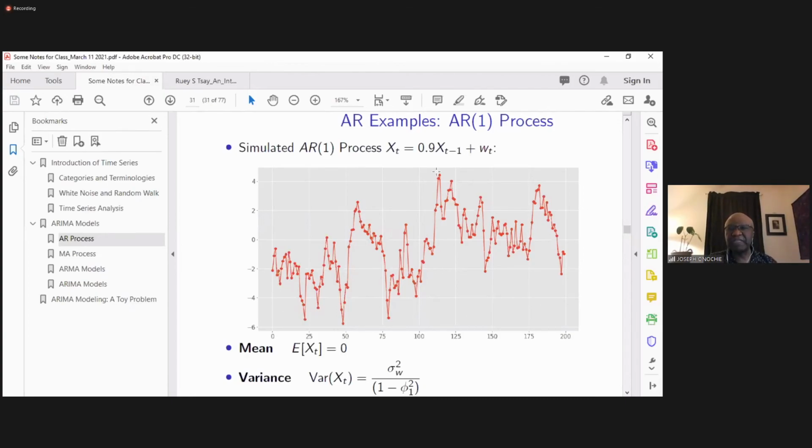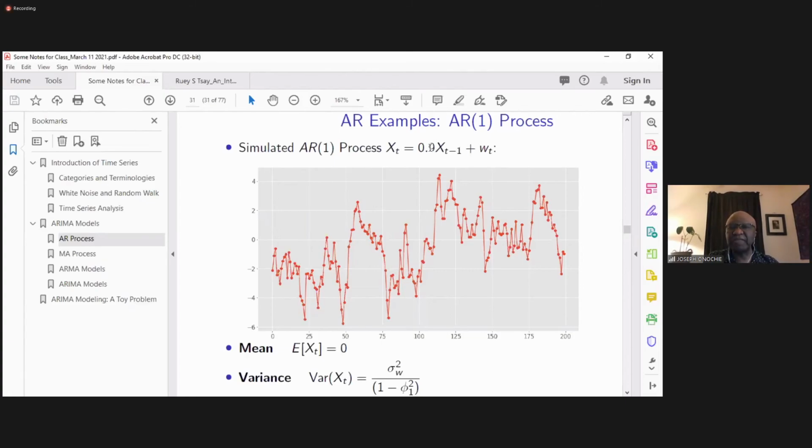Now, for this particular process, an AR1 process with the coefficient 0.9, the coefficient can go from 0 to 1. If instead of 0.9 this is 1.0, so that xt is exactly equal to xt minus 1 plus the white noise process, we say that's a random walk. A random walk is highly non-stationary, but we shall discuss that next week.